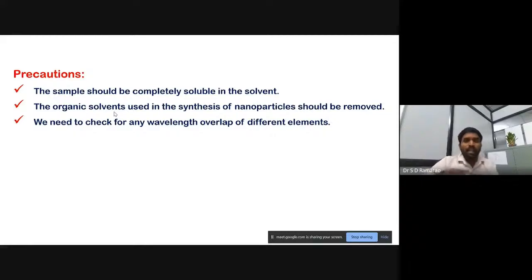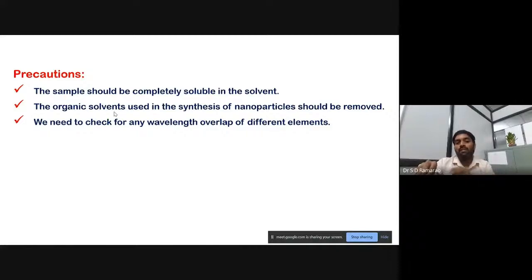Okay. And another problem here is, even though I mentioned these wavelengths are fingerprints for a given atom, there is a possibility that if you have atoms side by side in the periodic table, their wavelengths will overlap. They may not overlap exactly, there is a small difference, and then you can choose a different wavelength for each atom.